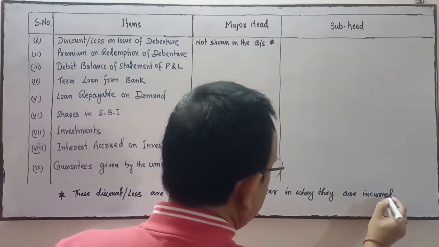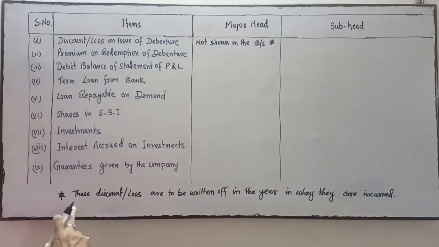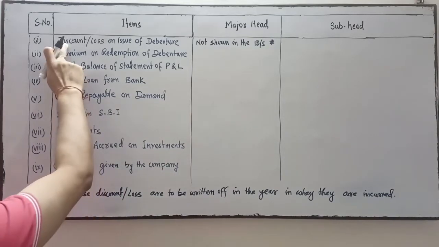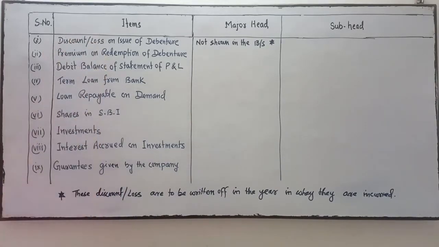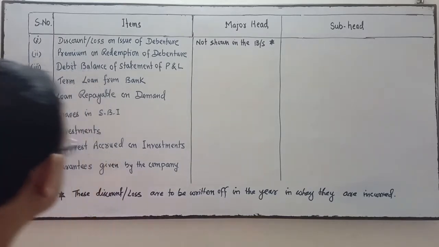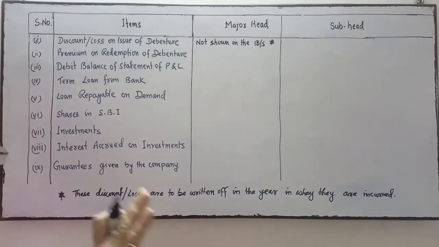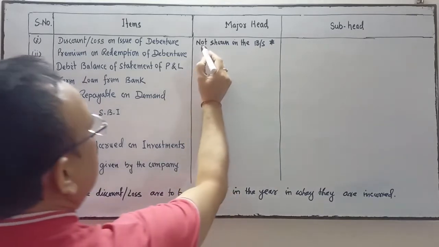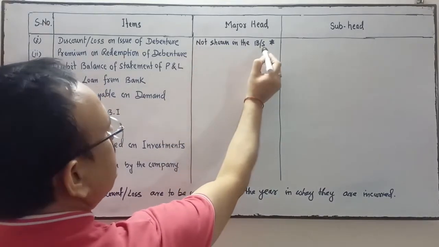Is it clear? So this discount or loss or expense on issue of debentures is not shown in the balance sheet. That's why I have written over here, it is not shown in the balance sheet.